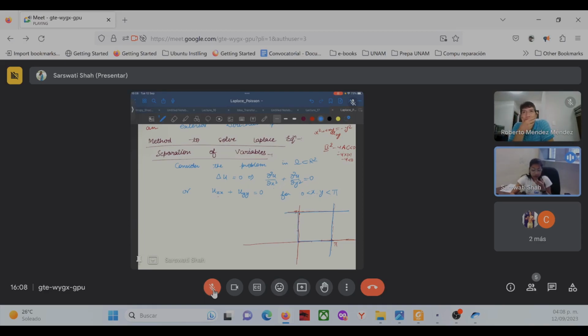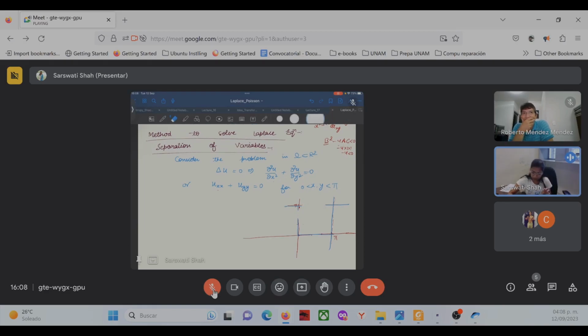And now since this is a bounded region, this is the region where the equation is defined. Now this is the bounded region. In this region, your equation is defined.